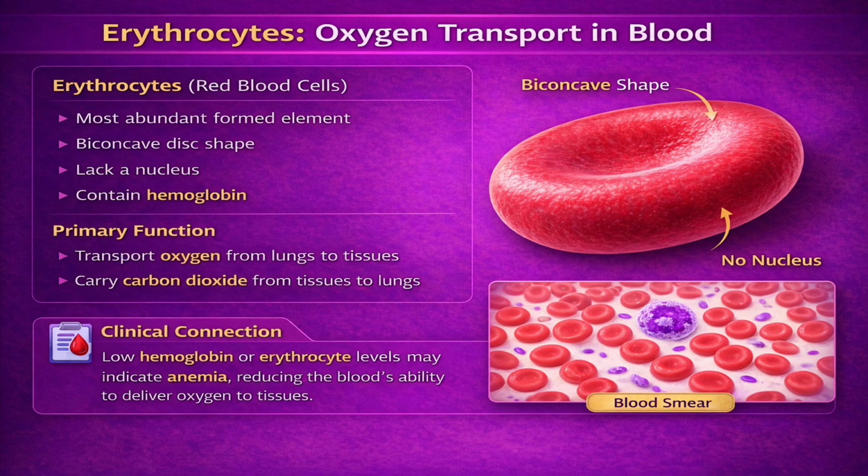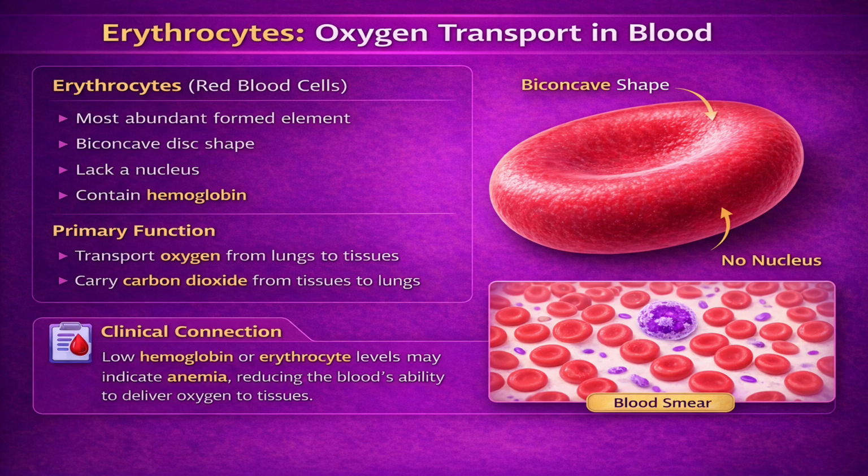From a clinical perspective, abnormalities in erythrocyte number or hemoglobin concentration can lead to conditions such as anemia, which reduces the blood's ability to transport oxygen. Symptoms of anemia may include fatigue, shortness of breath, and decreased exercise tolerance.